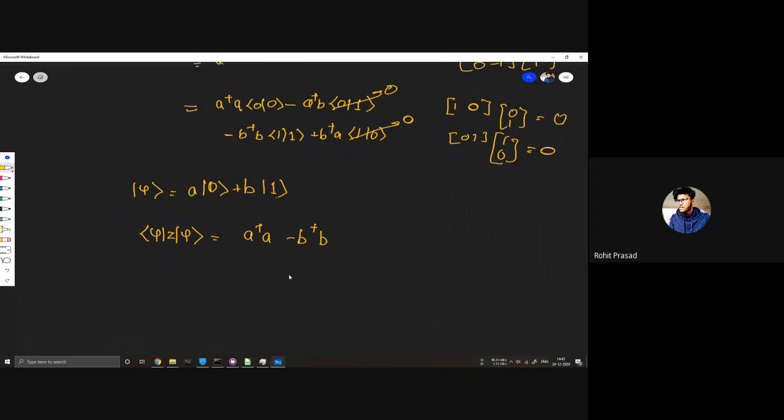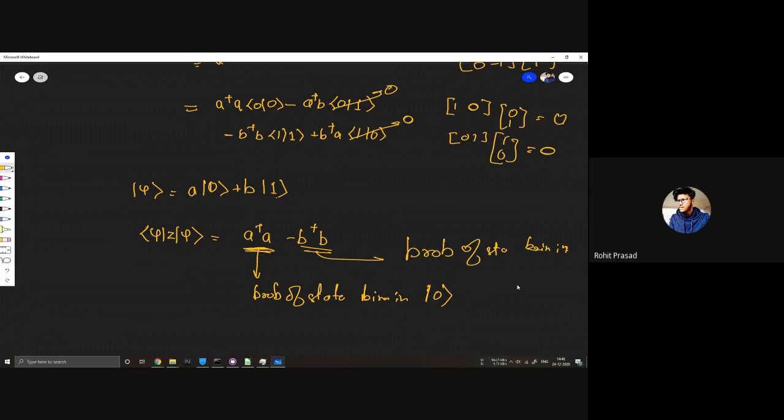Okay, so we can see that this one is the probability of the state being in the zero state, and this one is the probability of the state being in the one state, and we know that a transpose a plus b transpose b is equal to 1, right?